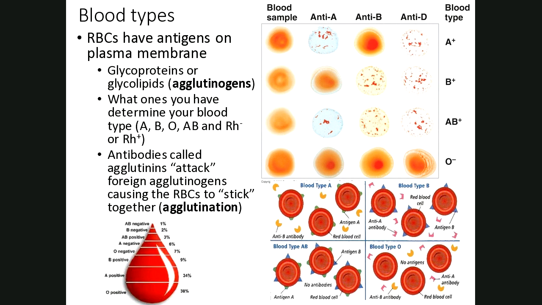I don't have to kill these cells because you belong. Some people don't have the A gene, they have the B gene, so they make the B protein, which on the membrane is known as the B antigen. And again, it looks a little different, but their immune system knows that the B antigen should be on every single red blood cell, and that's how they know not to kill those red blood cells. Some people have both of those antigens because they have both genes, and some people have none.